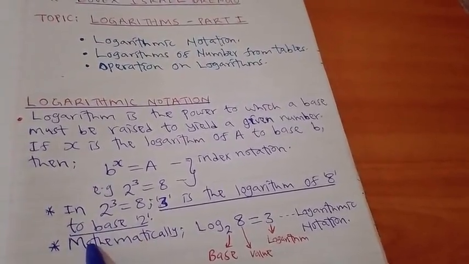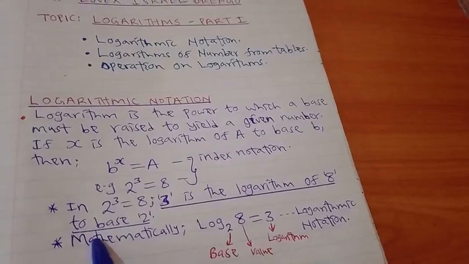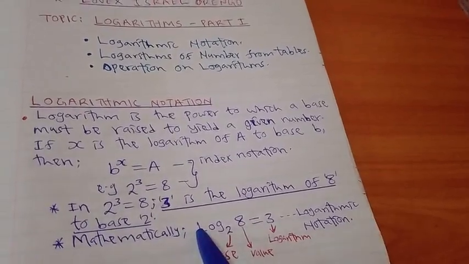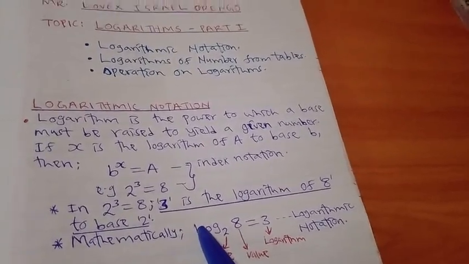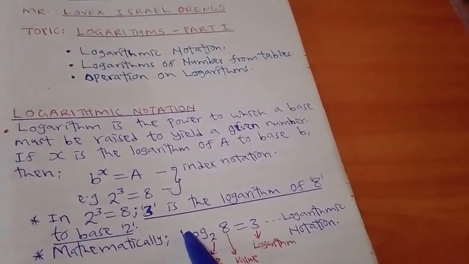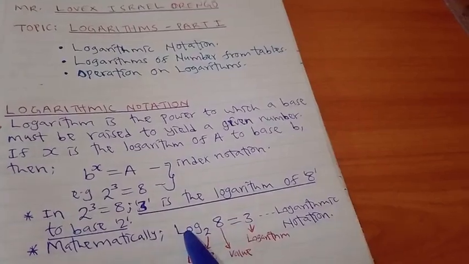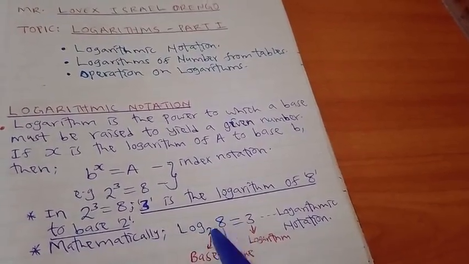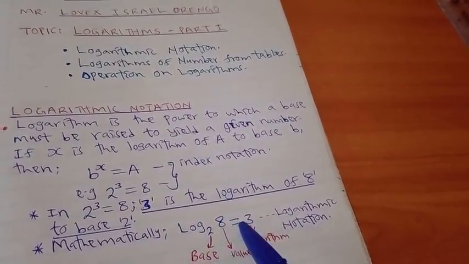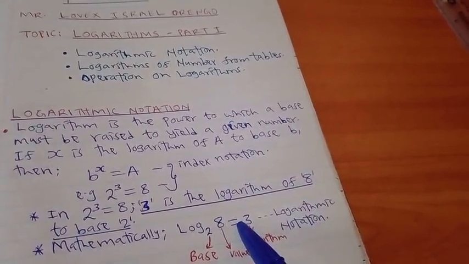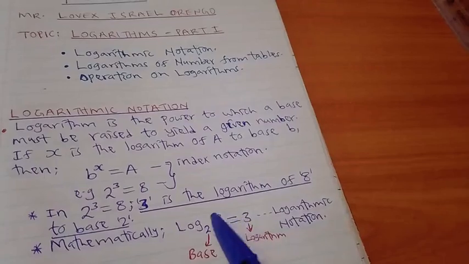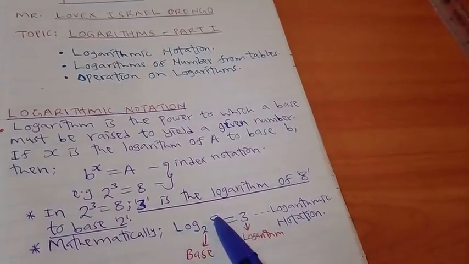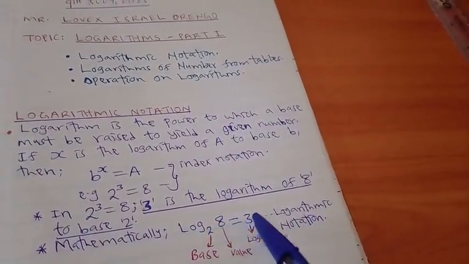In logarithmic notation, in short form, you write log. Log of 8 to base 2 equals 3. I repeat, it is read as logarithm of 8 to base 2 equals 3.